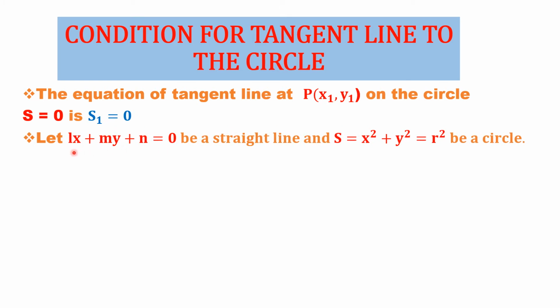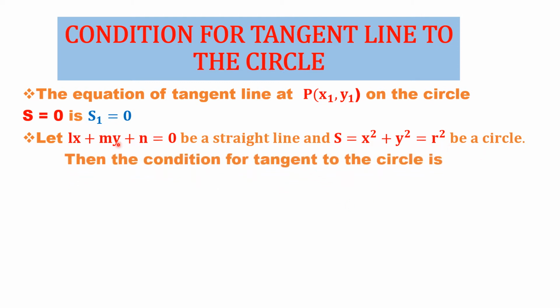And the another thing is, let Lx plus My plus N equal 0, this is the general form of the straight line equation, be a straight line and S equal to x square plus y square equal to r square be a circle. Now here the condition for the tangent. So here Lx plus My plus N equal 0 is the tangent to the circle S equal to x square plus y square equal to r square.